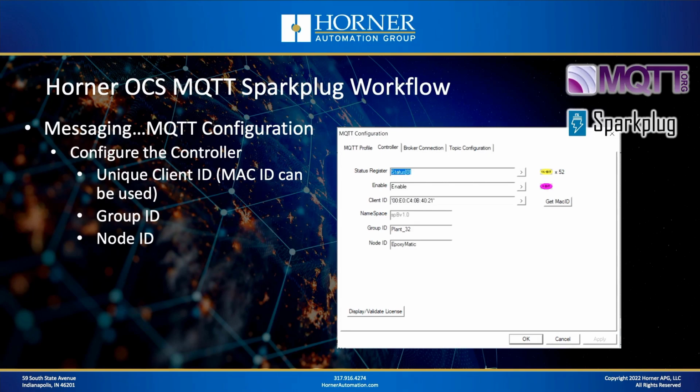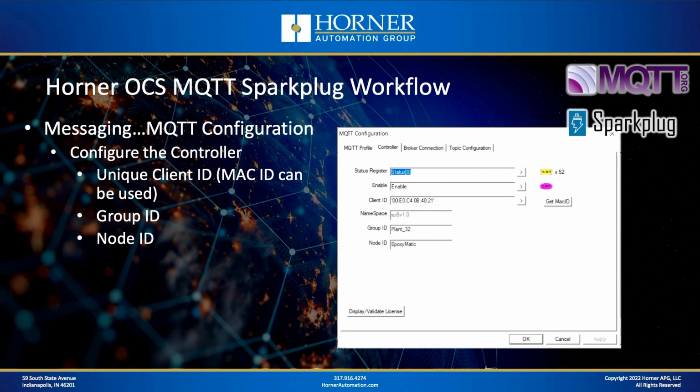Every controller that's acting as a node device on MQTT needs to have what's called a unique client ID. And at Horner, we recommend you use your Ethernet MAC address as your client ID. The reason we recommend that is because an Ethernet MAC address is always guaranteed to be unique.